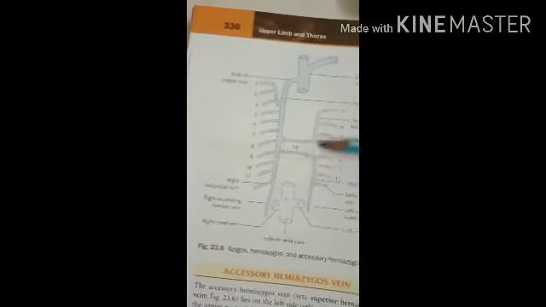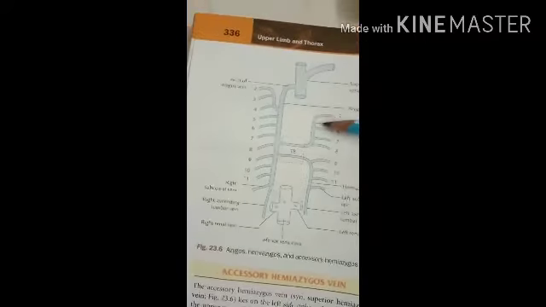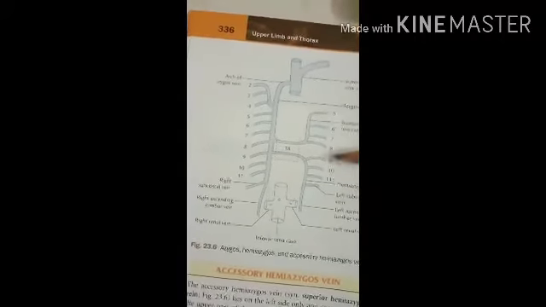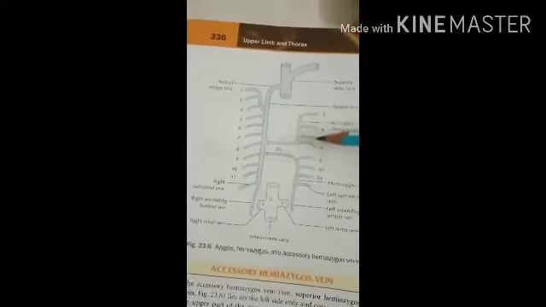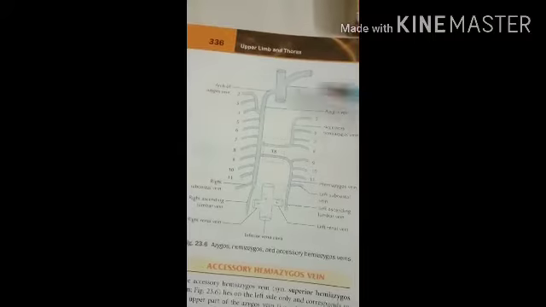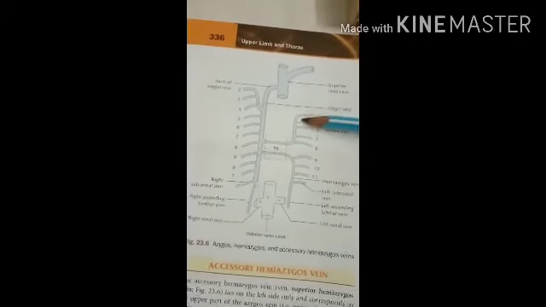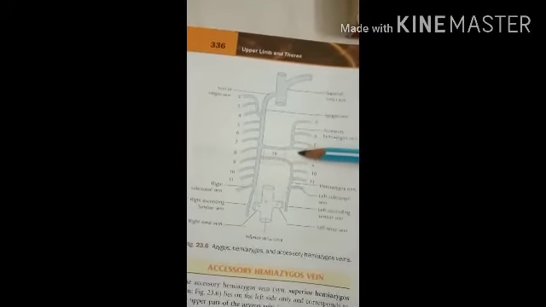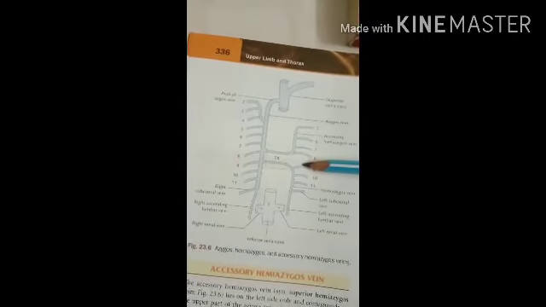Then it begins from the medial end of the left 4th or 5th intercostal space. Here, from the 4th or 5th intercostal space, it descends on the left side of the vertebral column.